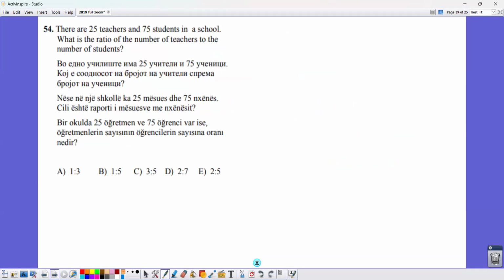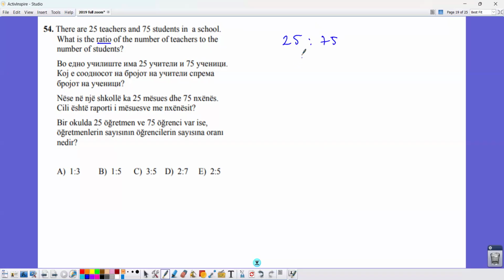When we are coming to the next one, 54, it says there are 25 teachers and 75 students in a school. What is the ratio of the number of teachers to number of students? We have 25 teachers, the ratio 25 to 75.